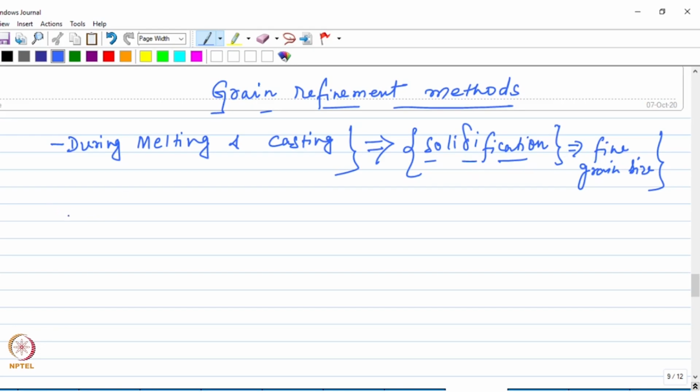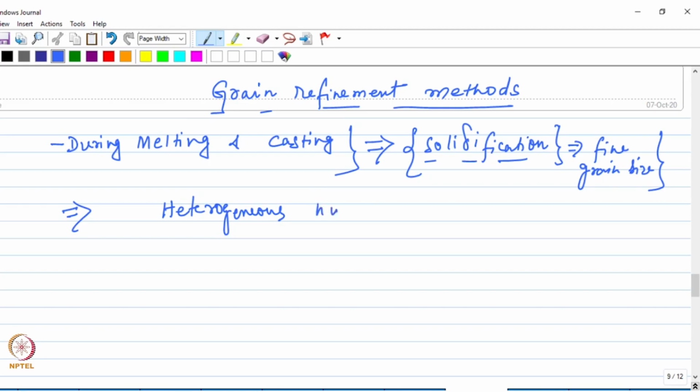So one of the ways by which that can be done is through heterogeneous nucleation. Because the solidification phenomenon is all about nucleation and growth of the solid from the liquid phase.